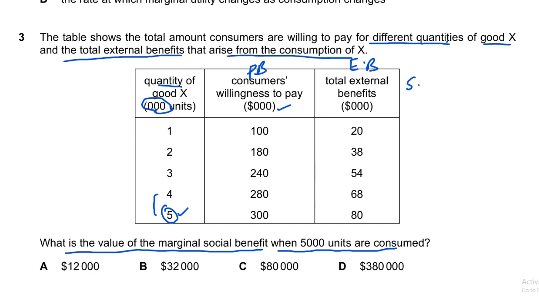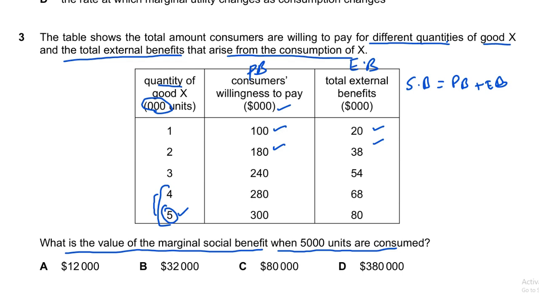First of all, you need social benefits, and social benefits are calculated as private benefits plus external benefits. We need not calculate all the values, just these two, because we need to find the change.